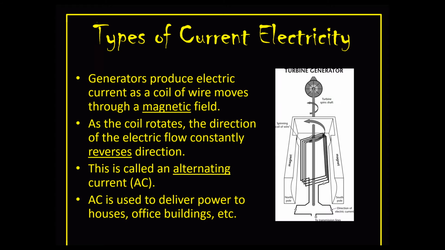When you have a generator, as that coil rotates, the direction of the electric flow can reverse. When the flow of electricity reverses or changes, we call this alternating current or AC current. You'll need to know that AC current is used in a lot of different real life examples. Buildings are powered via AC current.